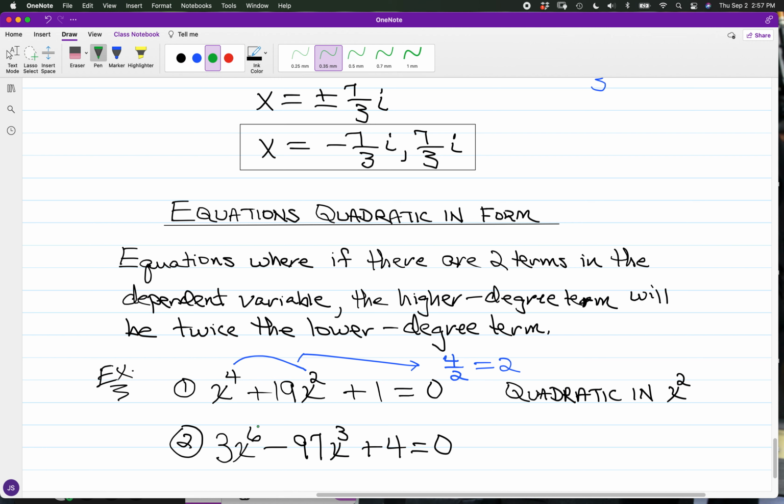So here you have a 6 to 3 ratio. Okay, that's a 2 to 1 ratio. And this particular equation will be said to be quadratic in x cubed. So that's going to be quadratic in the lower degree appearance of the variable x.